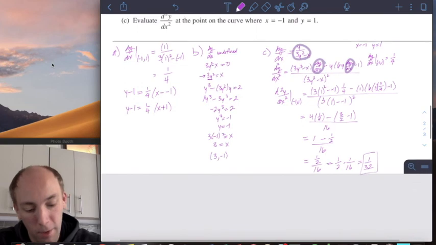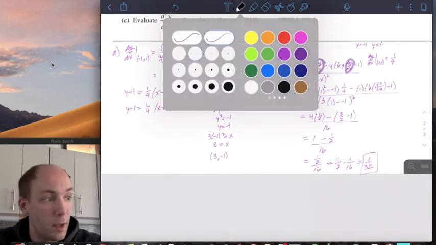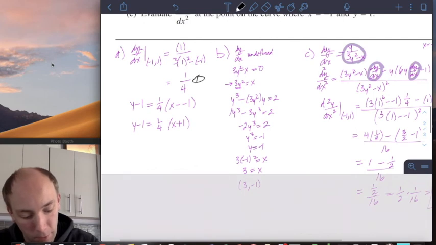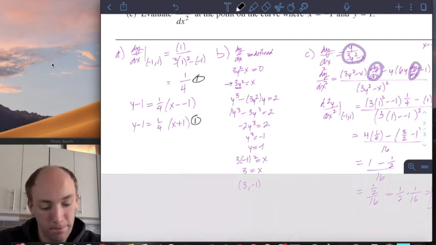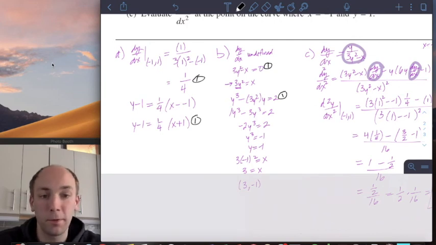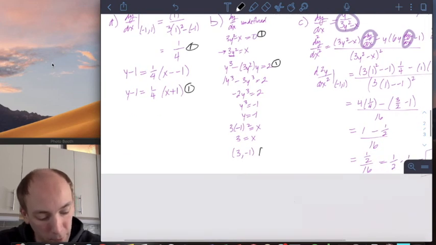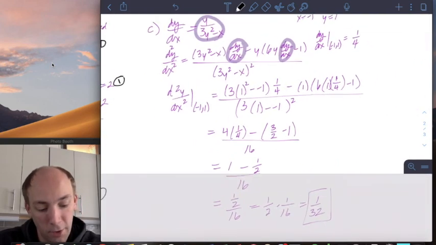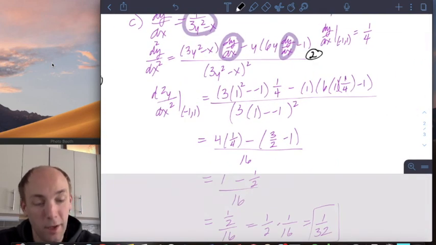Okay, so let's talk about points. In part A, you would get 1 point for finding the slope, 1 point for the equation of the tangent line. For part B, you would get 1 point for setting it equal to 0, 1 point for writing your equation in terms of one variable, and then 1 point for your coordinates. In part C, you get 2 points total for finding the correct derivative.